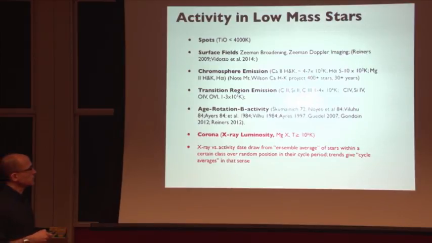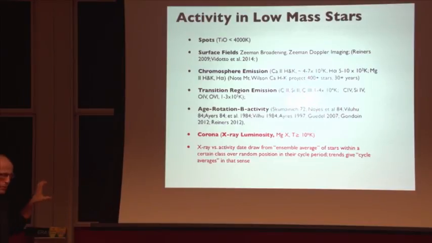But what I want to now focus on more is the X-ray luminosity. If you think of this as a diagnostic of overall activity, it's one quantity, the overall X-ray luminosity. And in that sense, when you look at stars from a population, you're really drawing from an ensemble average of stars at a random position in any cycle period they might have.